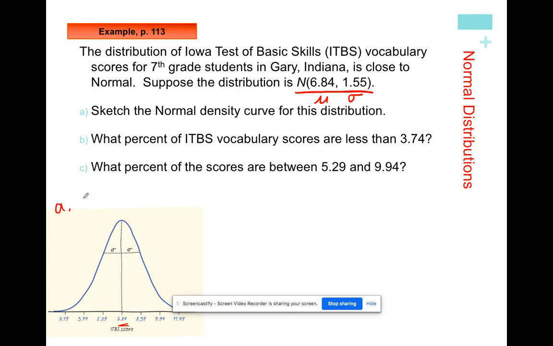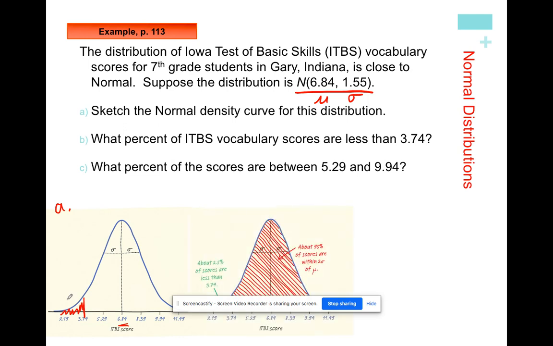Part B says what percent of vocab scores are less than 3.74. So that's this value right here, and we want less than, so we want everything to the left of that value. There are a couple of ways that we can respond, but the easiest way, I think, is what's shown here: this is 2 standard deviations below the mean.